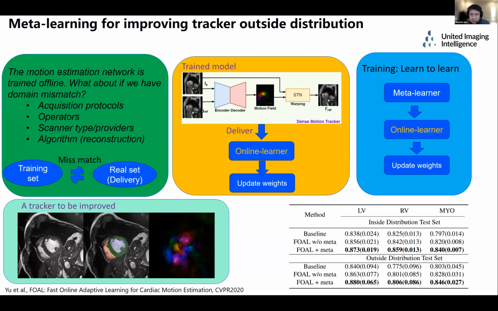We use the meta-learner to train this online learner so that it gains the capability to adapt to a certain video. In this way, we could improve the speed. We observe that within just 3 to 5 iterations, we could update the weights and adapt them to a certain video in a more accurate way.